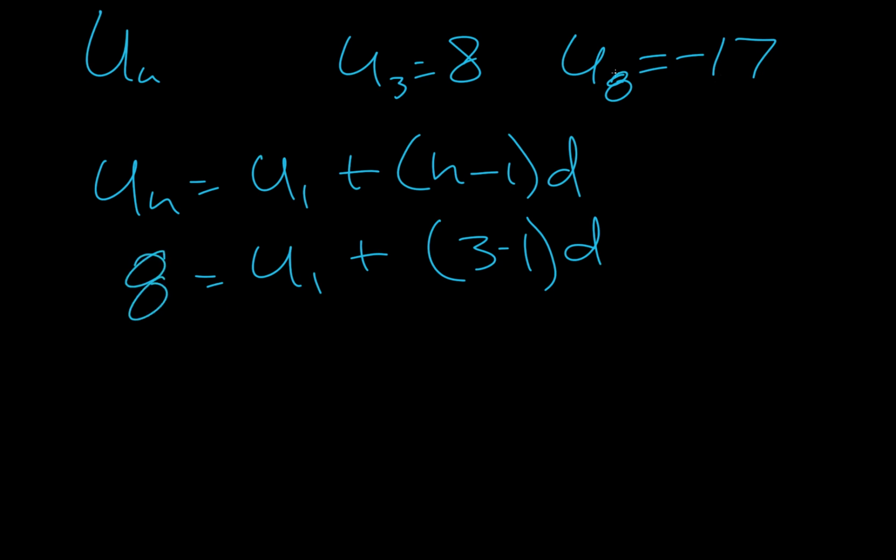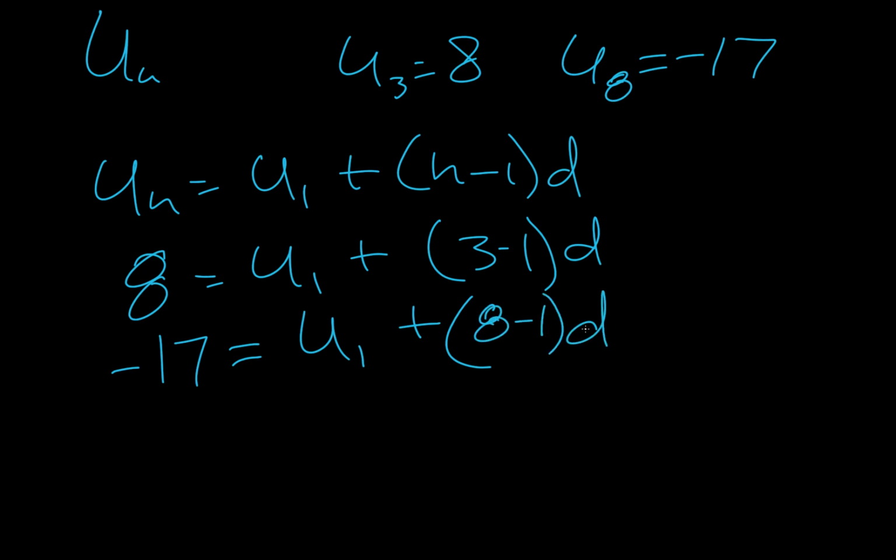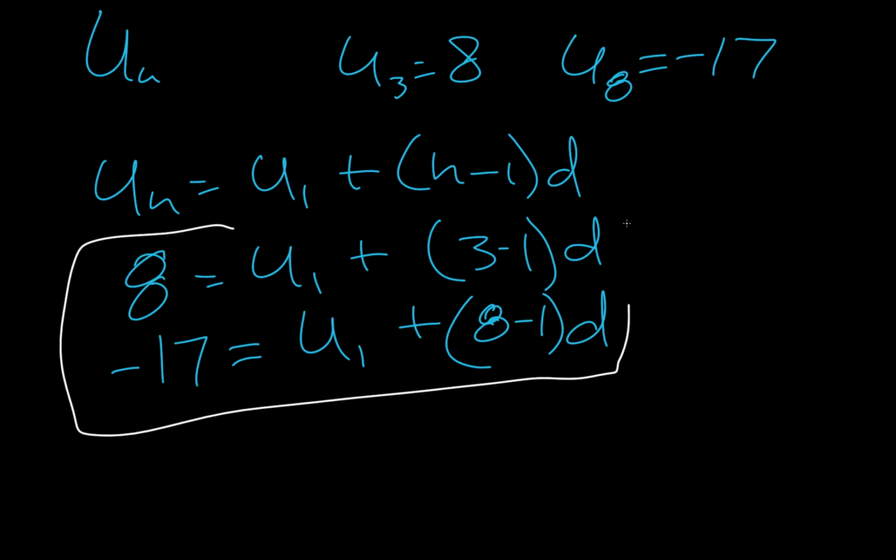Now we'll do the same thing with u8. So negative 17 equals u1 plus, our n now is 8, and d. So since we have two equations and two unknowns, we theoretically can solve this.